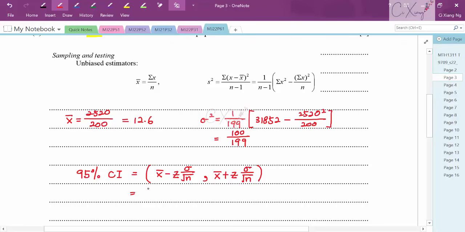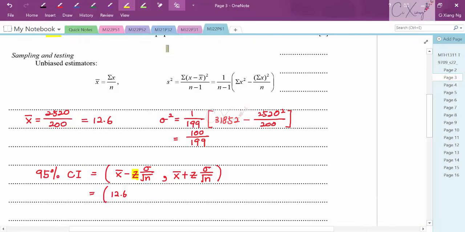Now I just need to substitute all the values from here. I already calculated the sample mean just now, which is 12.6. Then I definitely need to find the value for z first before I can continue with the calculation. So how can I get the value for z?